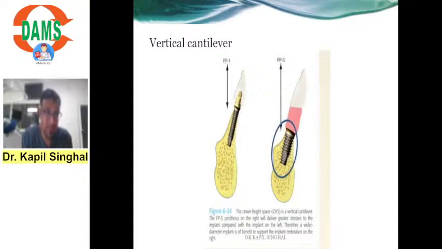So, a very important point, please remember: the maximum forces are at the crestal 4 to 5 mm of the implant. It means even if my implant is 10 mm, 15 mm, or 20 mm, the forces will be at the crestal 4 or 5 mm.